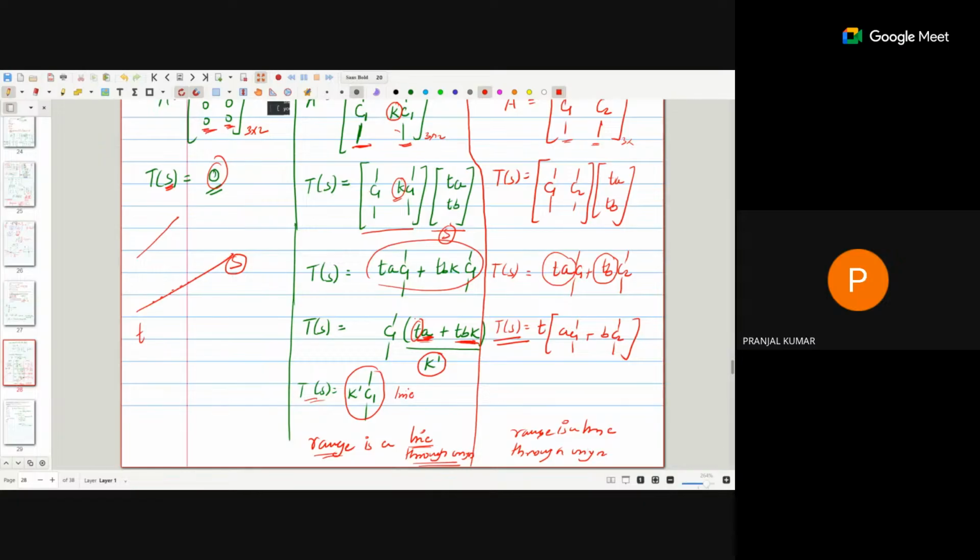So A, B, and K are all constant. Now T is a variable. So I took C1 as common. I could have taken T also common out, and A plus bk.